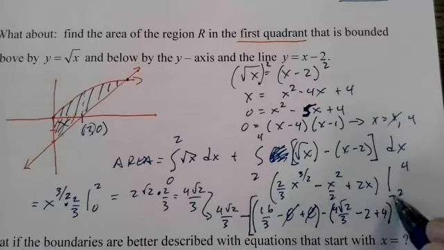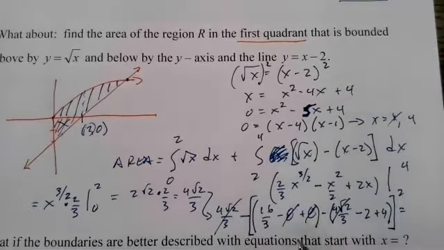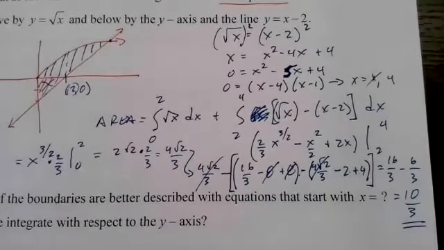Holy cow, what a nightmare. I can see why I wanted to be lazy. Negative 2 plus 4 is 2, then it's minus 2. So we get 16/3 minus 2, but 2 is 6/3. Oh, went off screen, sorry, equals 10/3.